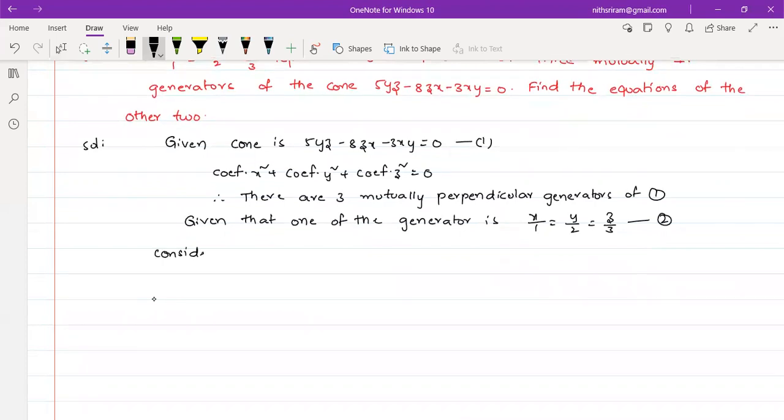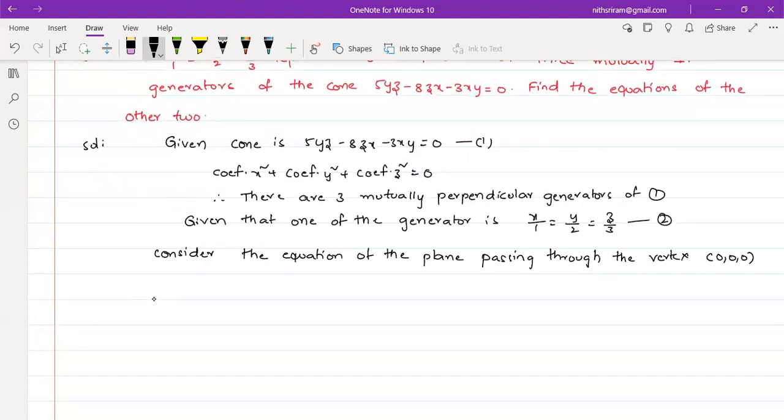First, consider the equation of the plane passing through the vertex 0 comma 0 comma 0.